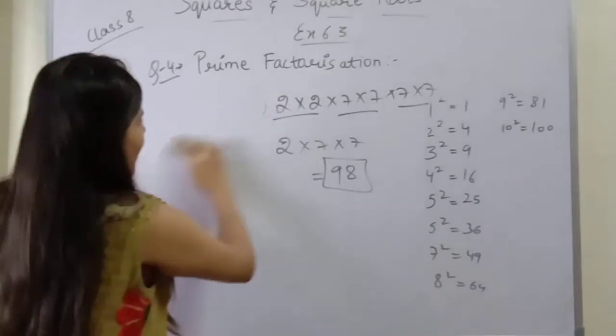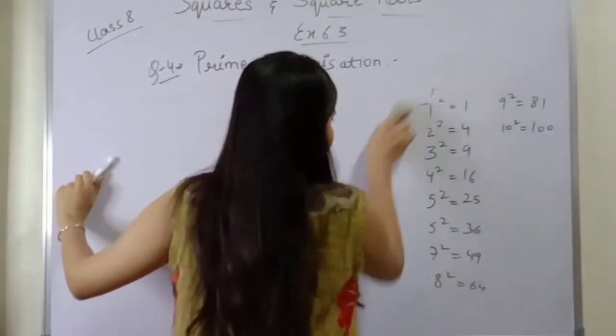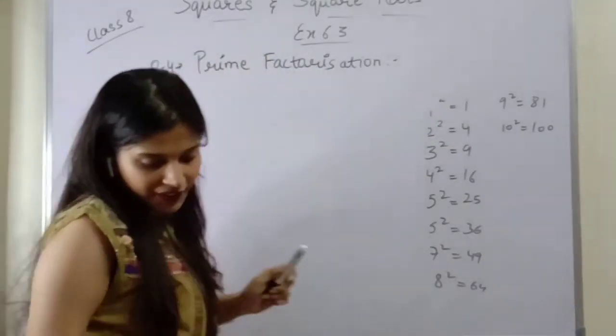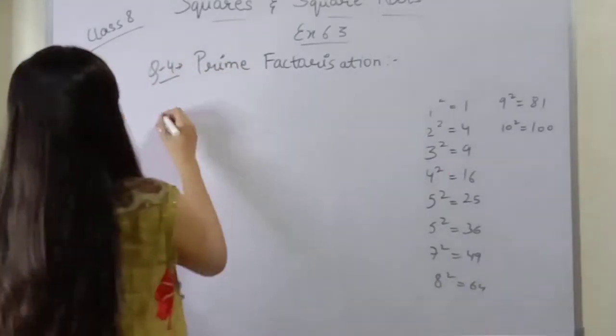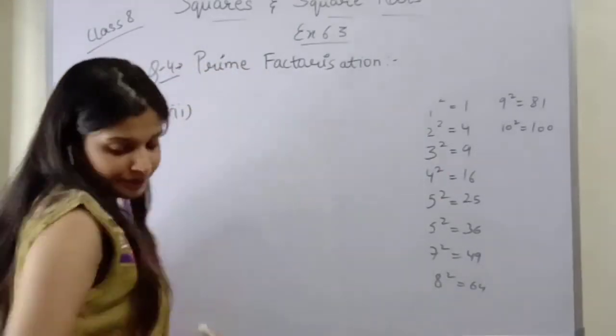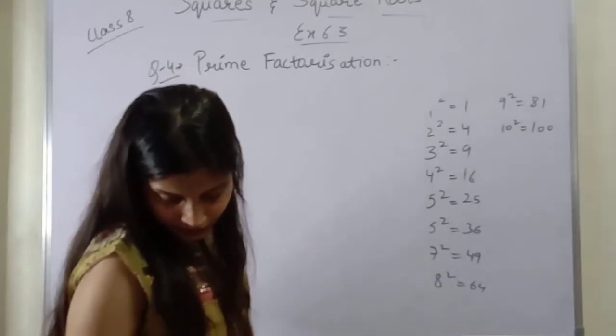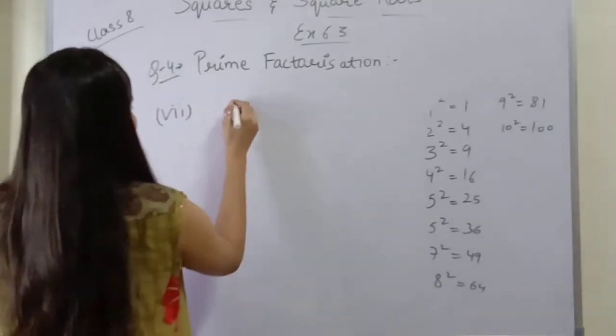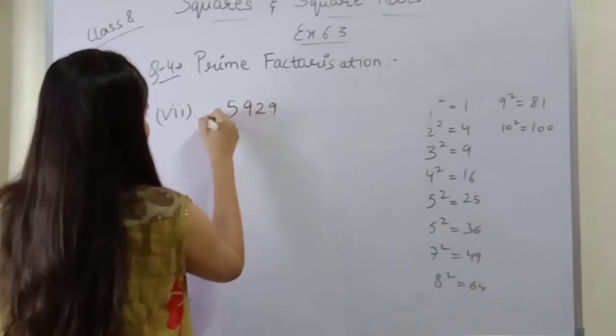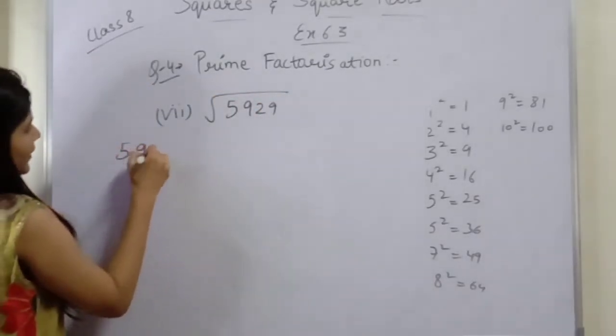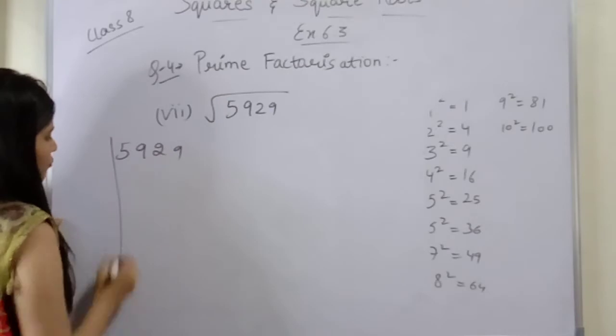So the 7th part is, in total we have 10 parts in this question. 7th part is 5929. अब 5929 is not a multiple of 2.